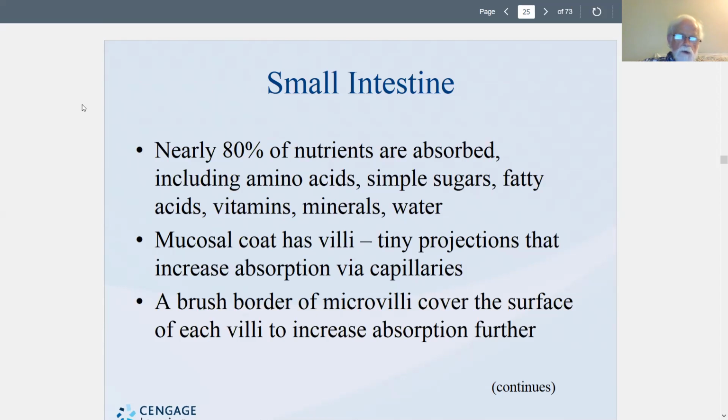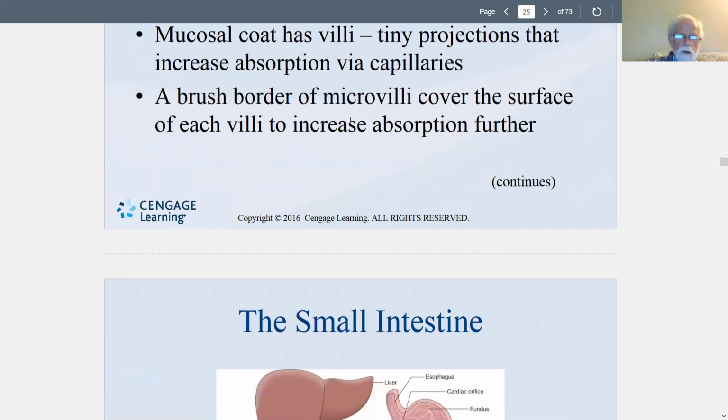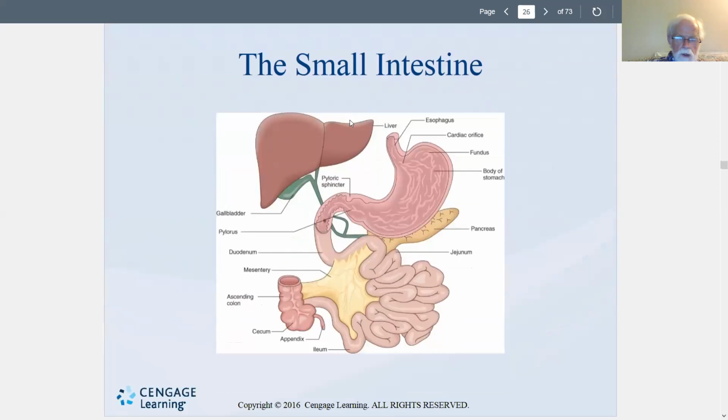What they do is increase the surface area for absorption. Then there's a border of these little bitty villi, microvilli, that coat the surface of each of the villi to increase absorption further. So here we have a bit of a diagram.